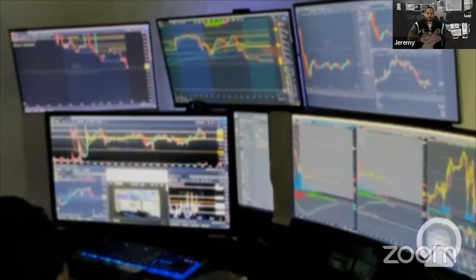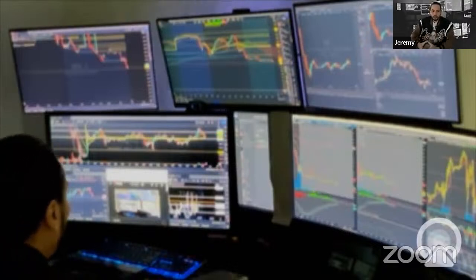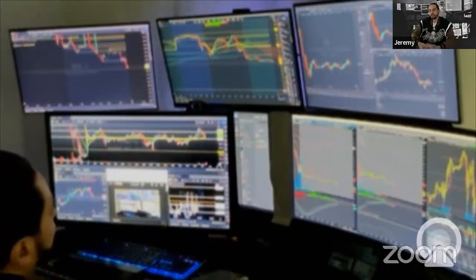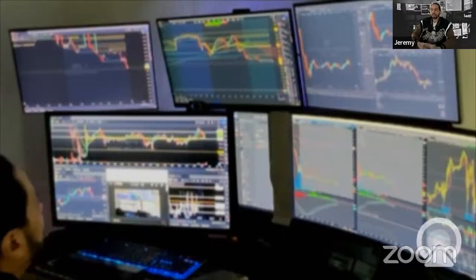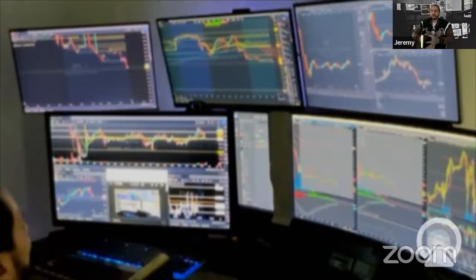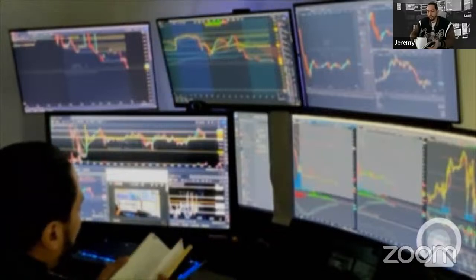Some of the things I want to go over before I start breaking down the charts is indicators. People say a lot of things about indicators. You should not base any of your trades on an indicator, just like how you shouldn't base any of your trades off of a level. For me, indicators are just another confluencing factor.